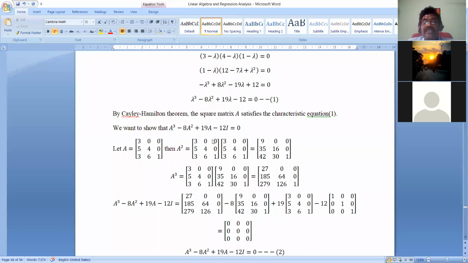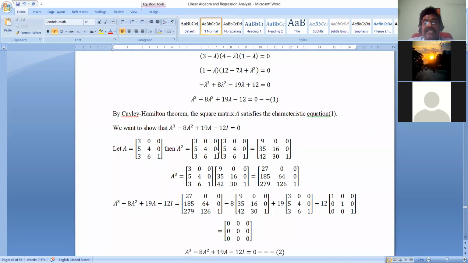Now multiplying these two matrices, we get 3 into 3, 9 plus 0 plus 0, that is 9. Next 3 into 0, 0 into 16, 0 into 30, that is also 0. Next 3 into 0, 0 into 0 plus 0 into 1, that is also 0. Those are the values of the first row.